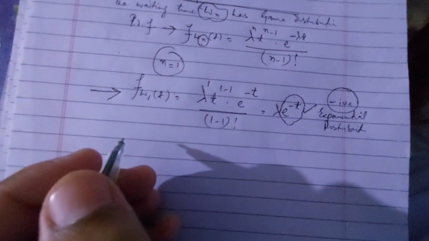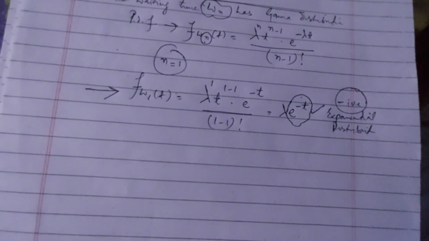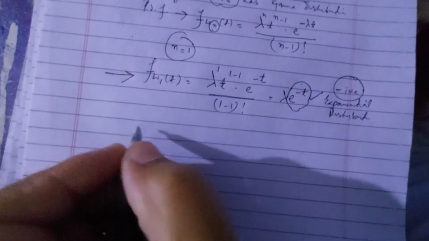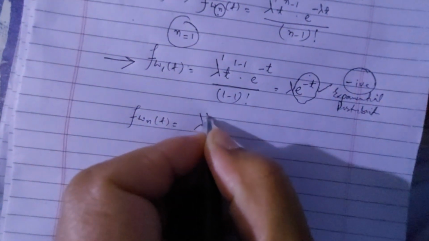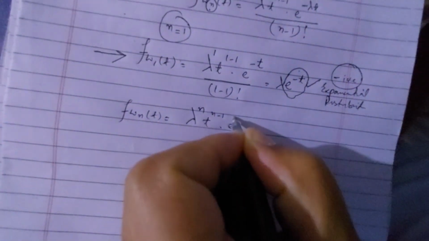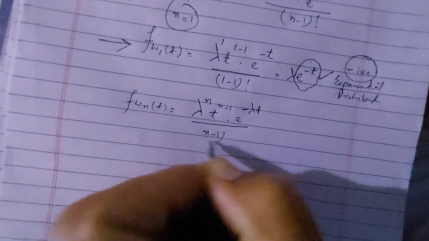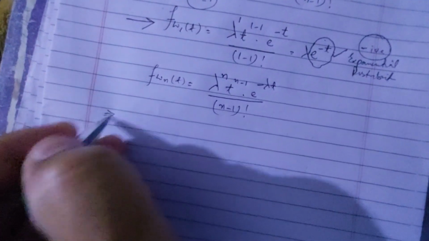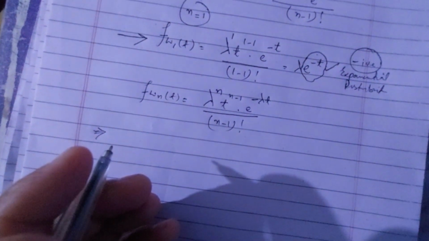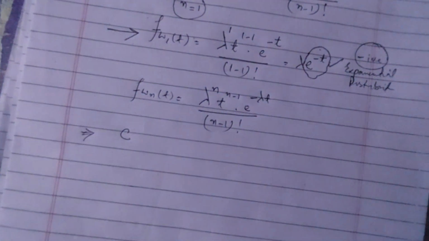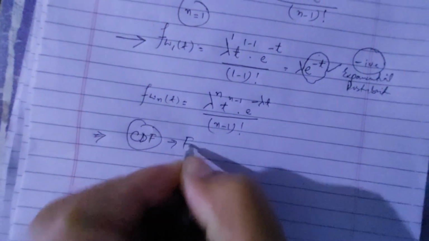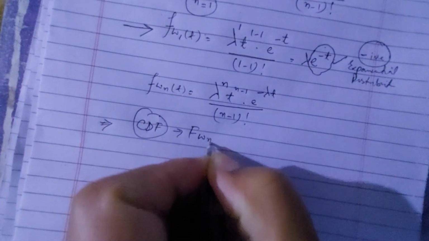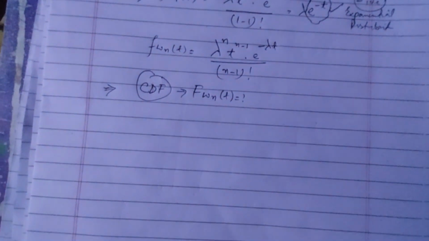To prove that the PDF small f Wn of t is equal to lambda raised to the power n, t raised to the power n minus 1, e raised to the power minus lambda t, divided by n minus 1 factorial, what we need to do is find the cumulative distribution function, the CDF, which is the capital Wn of t.